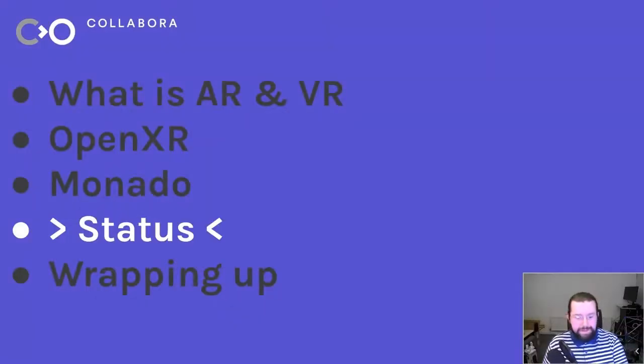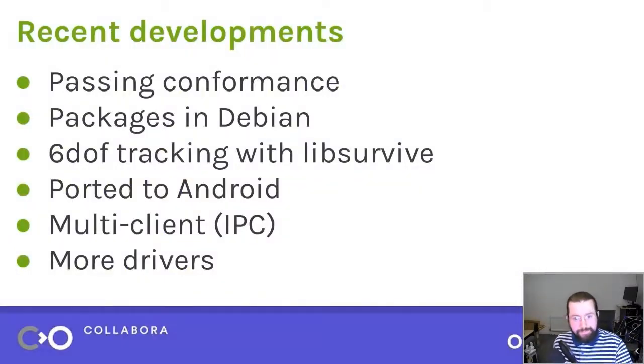So, a status on Monado and a little bit on OpenXR. Recent developments: we are passing the OpenXR conformance test suite. We are not conformant because that requires us to pay the conformance fee, but luckily, the OpenXR conformance test suite is open source and readily available.